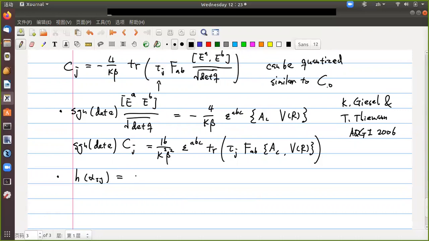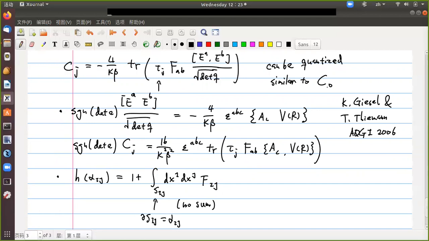This equals 1 plus integral over S_ij of F_ij, with no sum in ij, no sum. And the boundary of S_ij is alpha_ij.